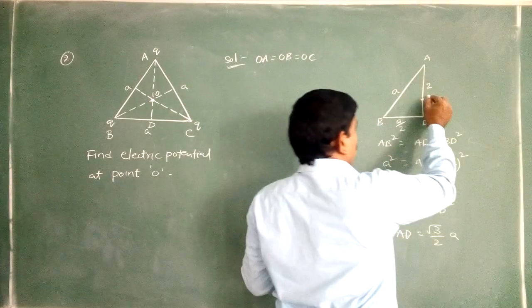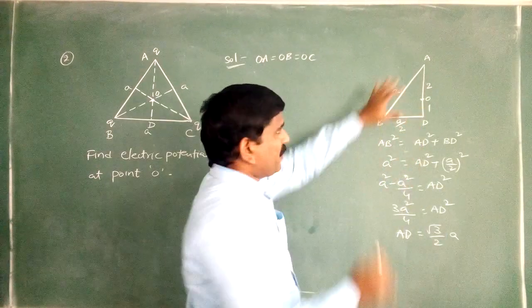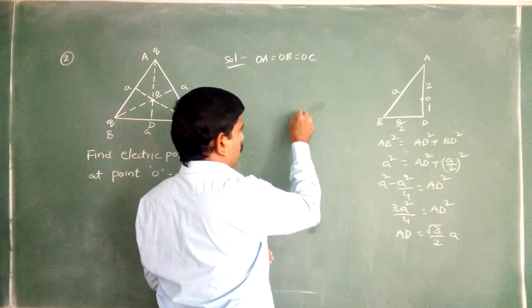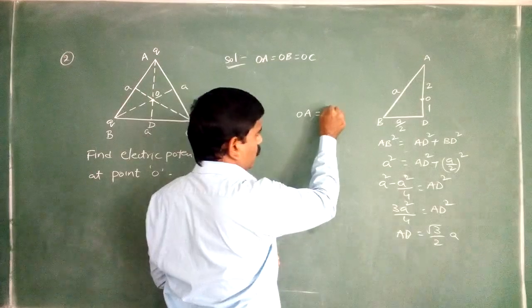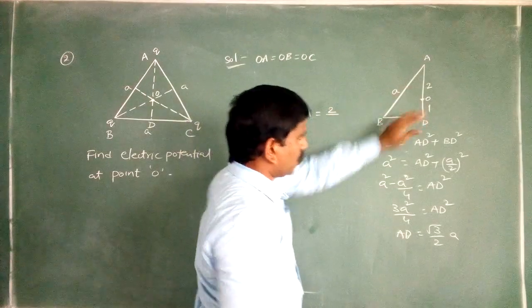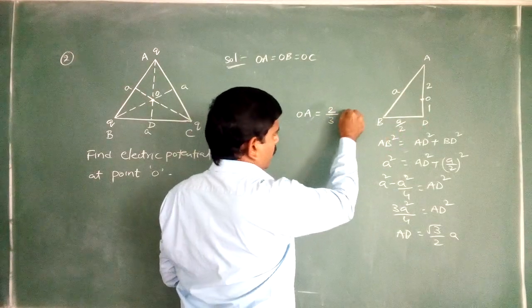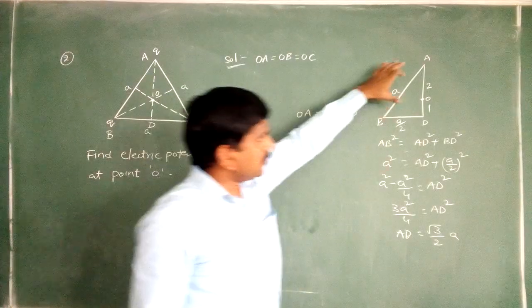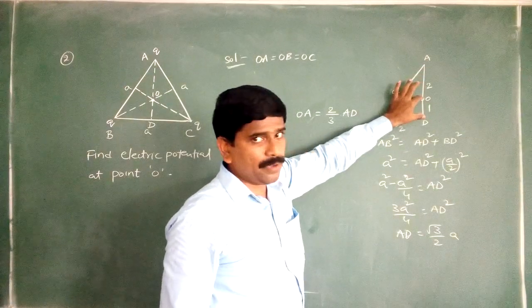So here this is O. How do we find OA? OA is equal to 2 parts by total parts into AD. This is the 2 parts and this is the 1 part.